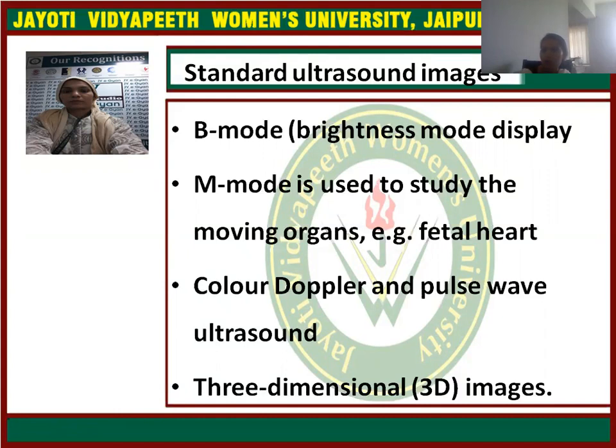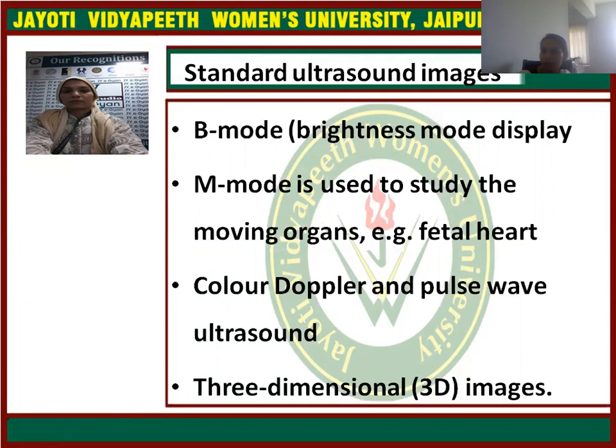Color Doppler and pulse wave ultrasound are based on the principle of Doppler frequency shift, which means there is a change in frequency and wavelength between the incident wave and the reflected wave.